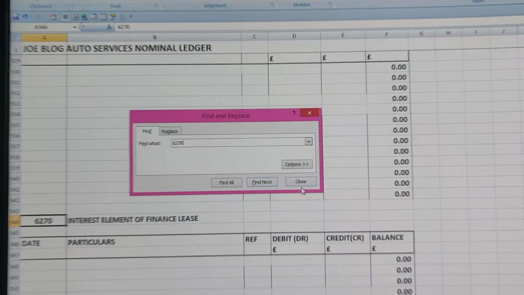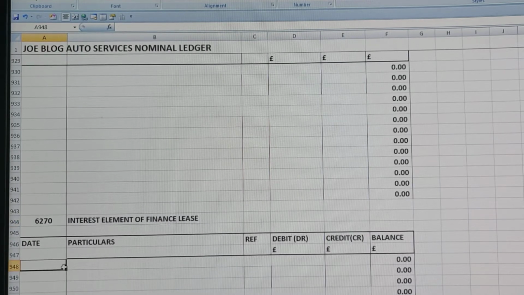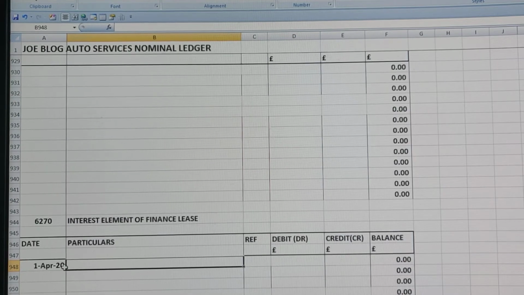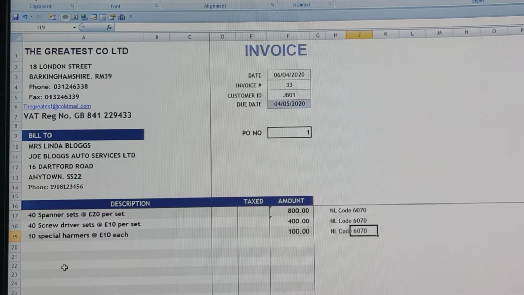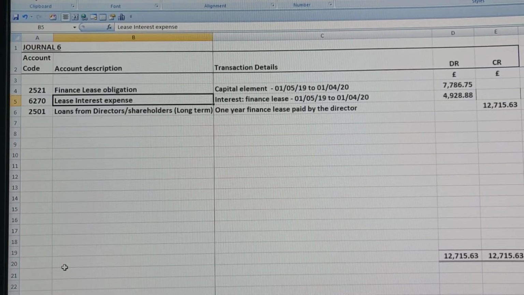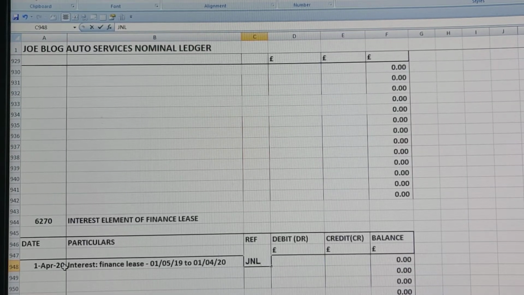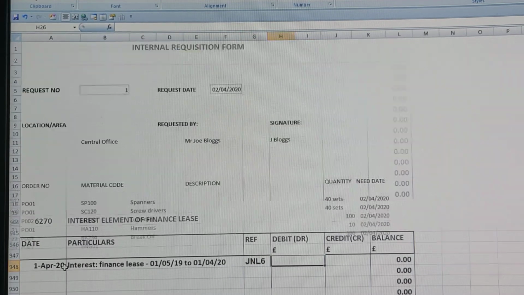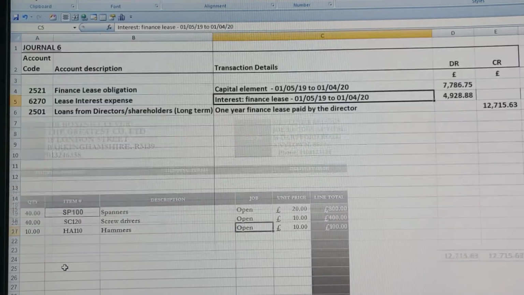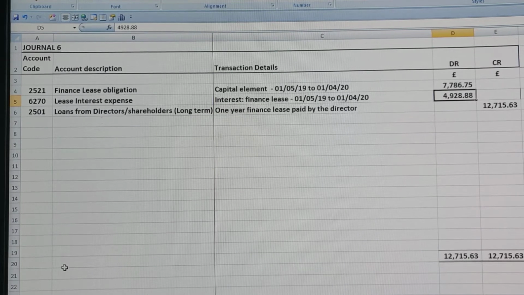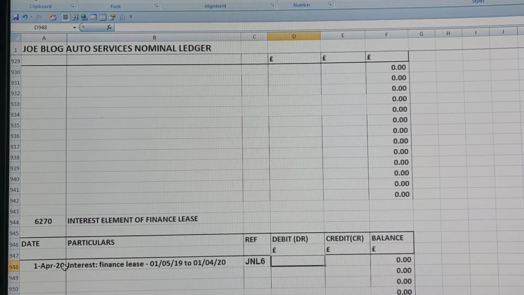Again, 1st of April 2020 is the date I'm going to put there, and the description again must match what is on the journal. Again it is JNL 6, and the amount to be debited is 4928.88. That's for a whole 12 months.